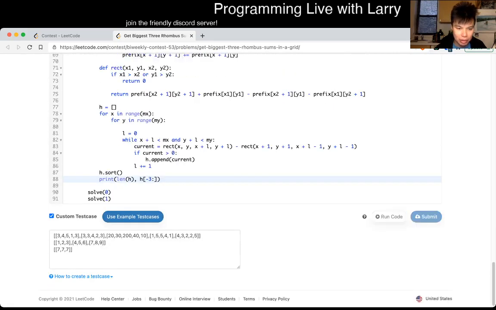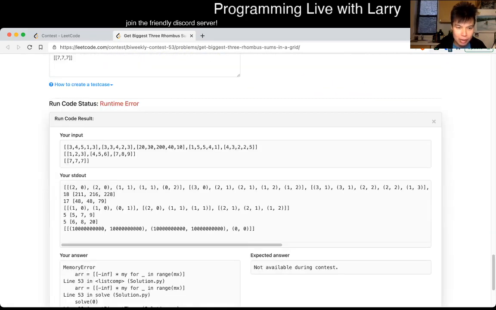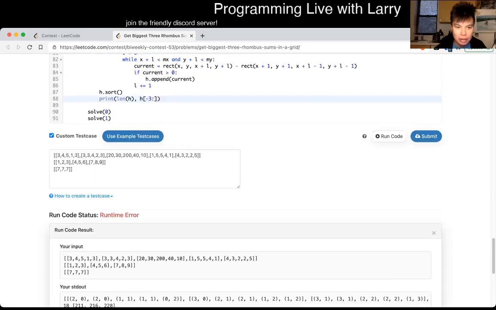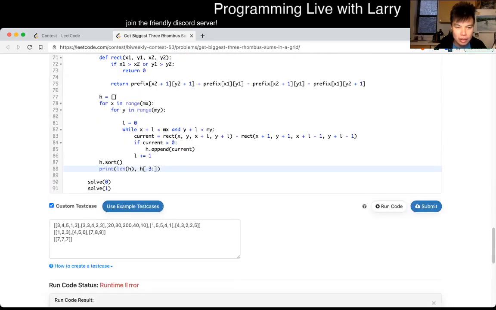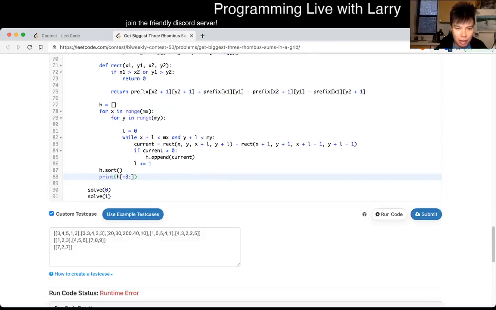That's not good though, but it was working before. Why did I get memory error now? What was I changing before? Only changed this, right? Oh, come on, don't fail me now.